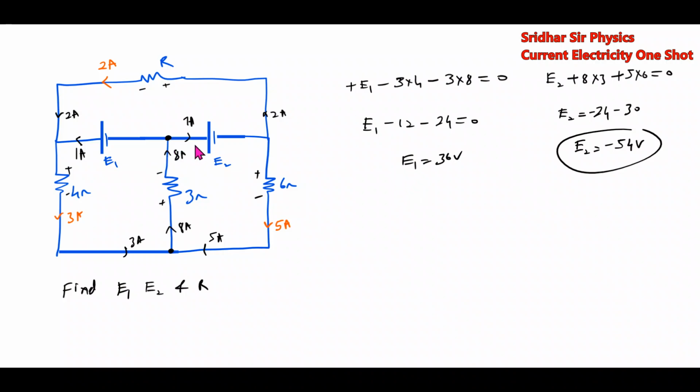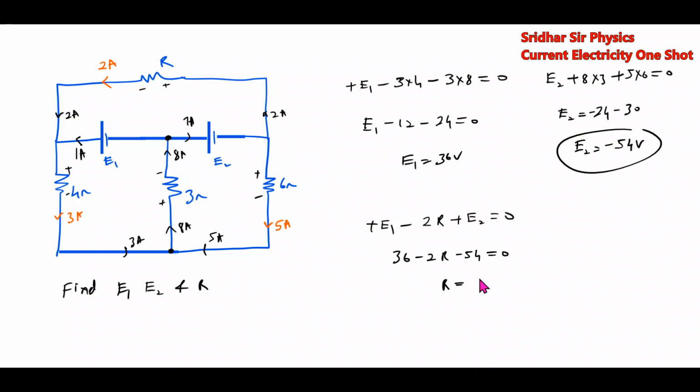Then we'll apply the loop equation for this. Plus E1 plus 2R plus E2 equal to 0. E1 is 36, minus 2R, plus E2 will be minus 54.